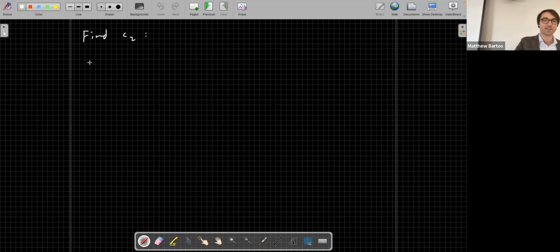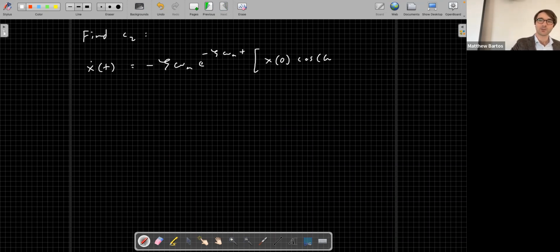And we get that x dot of t is equal to negative zeta omega n e to the negative zeta omega n t times x0 cosine omega d t, so I've substituted in c1 here, plus c2 sine omega d t.